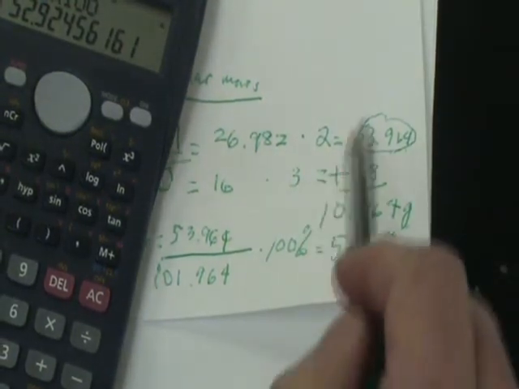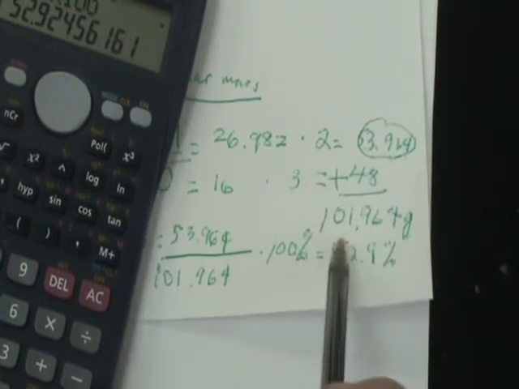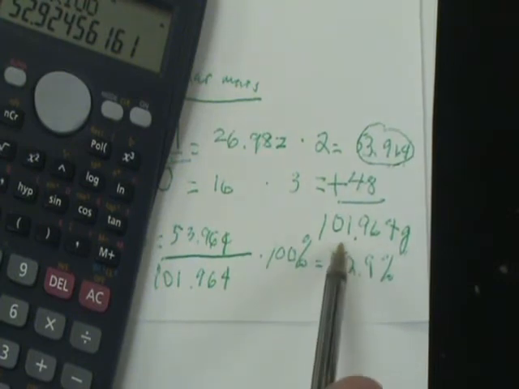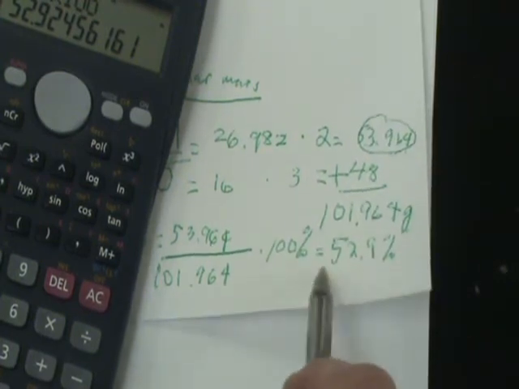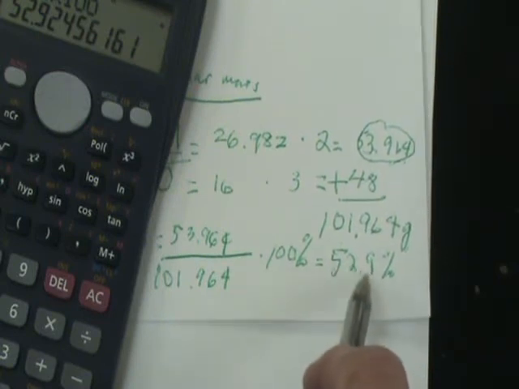That makes sense. If you look at it, 53.964 is a little more than 1/2 of this amount. So when you grid your answer, you're just going to grid in 5, 2, you've got your decimal point, and then you grid 9.